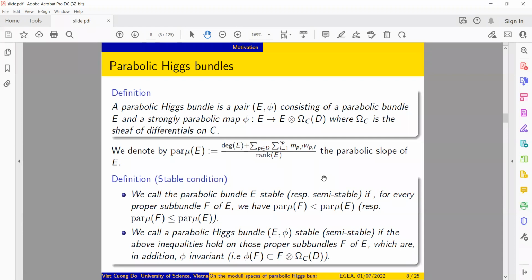For sure here we add some map, so we need some compatible condition that the sub-bundle must be stable under the action of the map. That means that phi of F must be sent to F tensor omega C of D, something like that. Sorry.